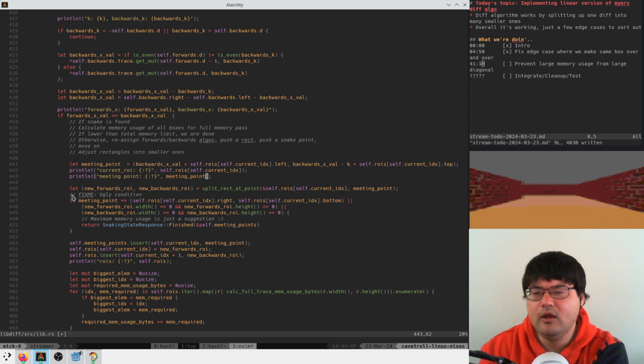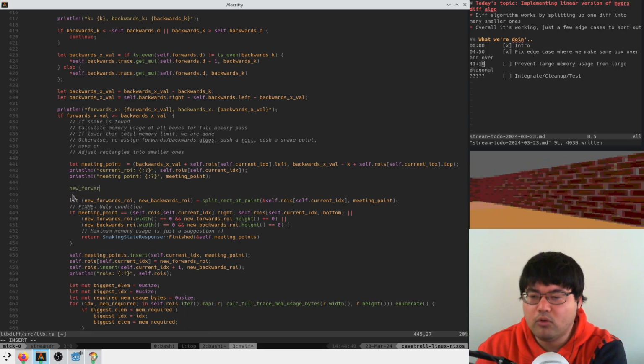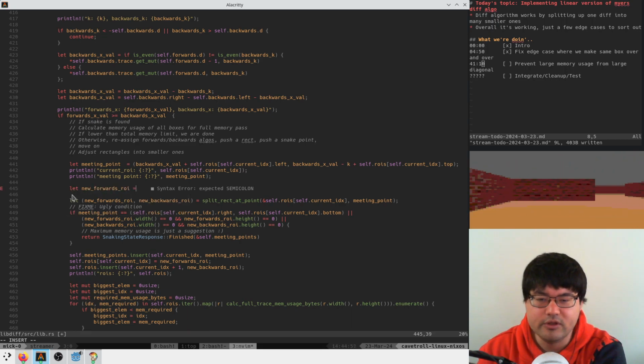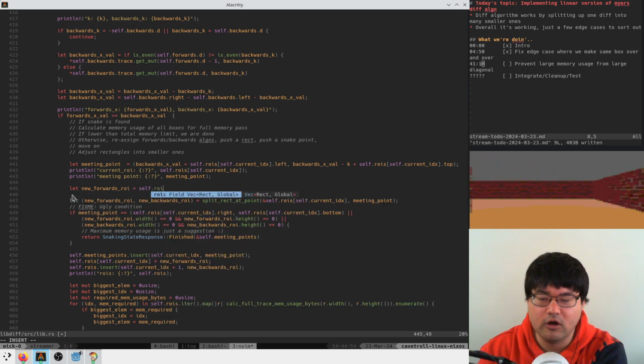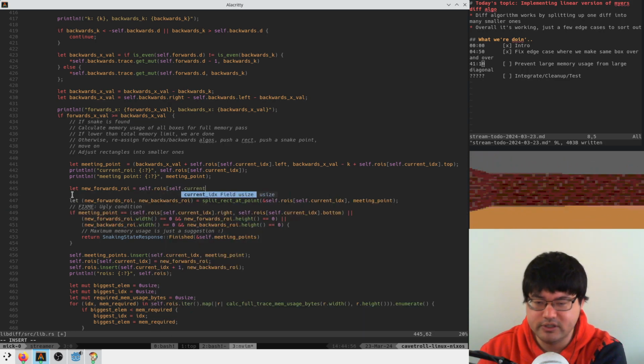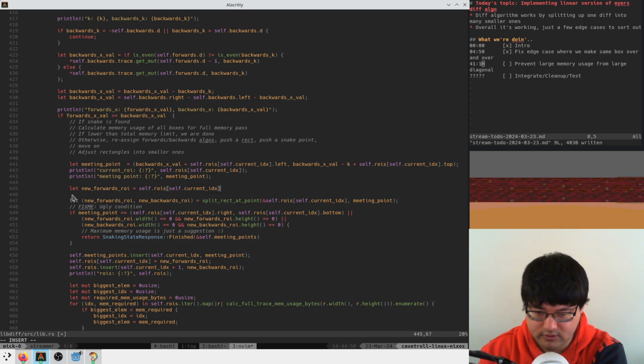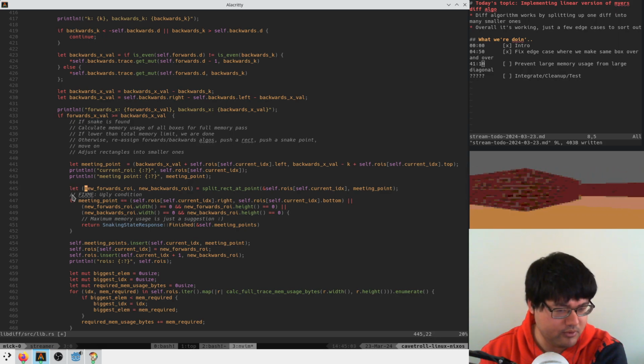So we're going to say new forwards ROI. This is going to be our current ROI at the current IDX. How do we want to say this?